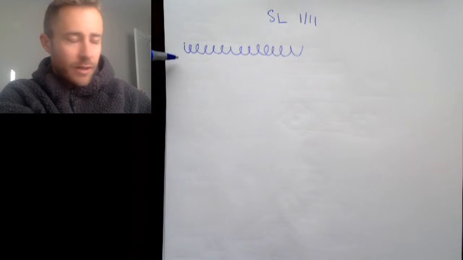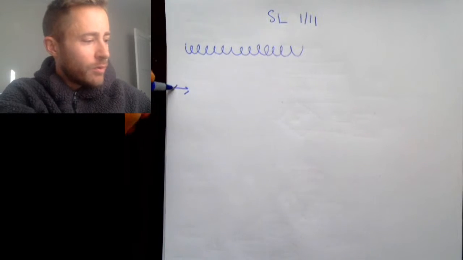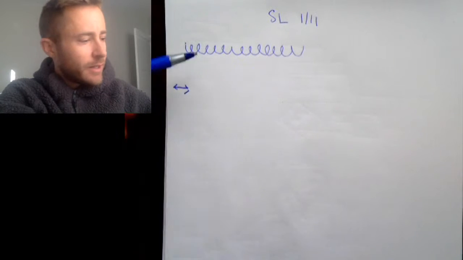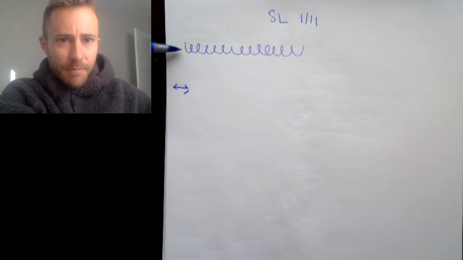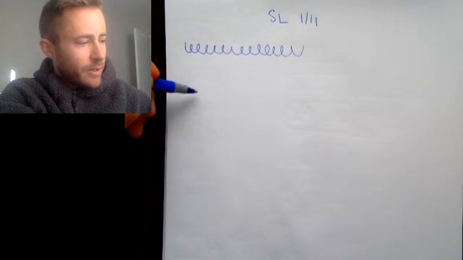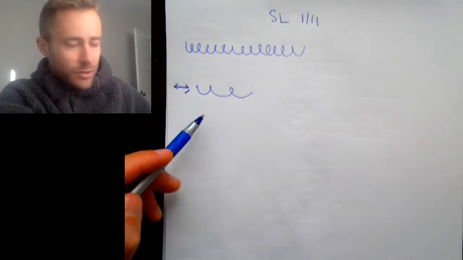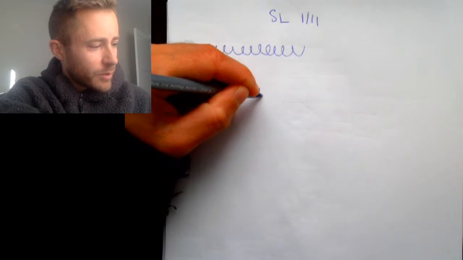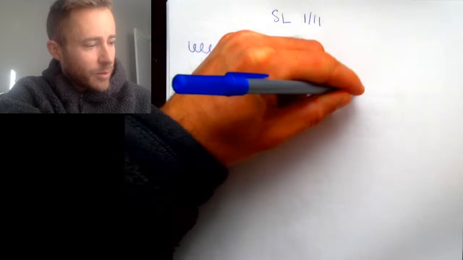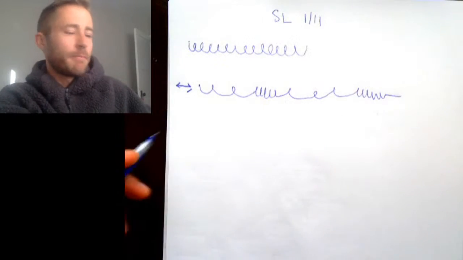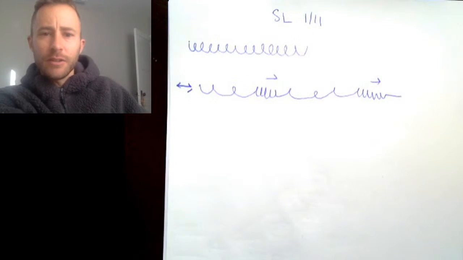I can push the end of it in, and I can pull the end of it out. I can jiggle it this way. If I do that, the slinky will have places where it's stretched out, and places where it's squeezed together, and then stretched out, and squeezed together, like that. These are the waves that are traveling down the slinky.